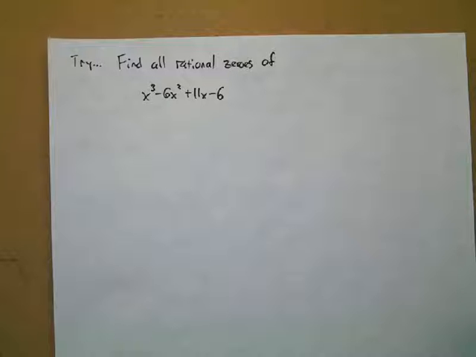That's right. So the factors are x minus 1 and x plus 1. The zeros would be 2 and the opposite. It's very easy to get subtle differences.